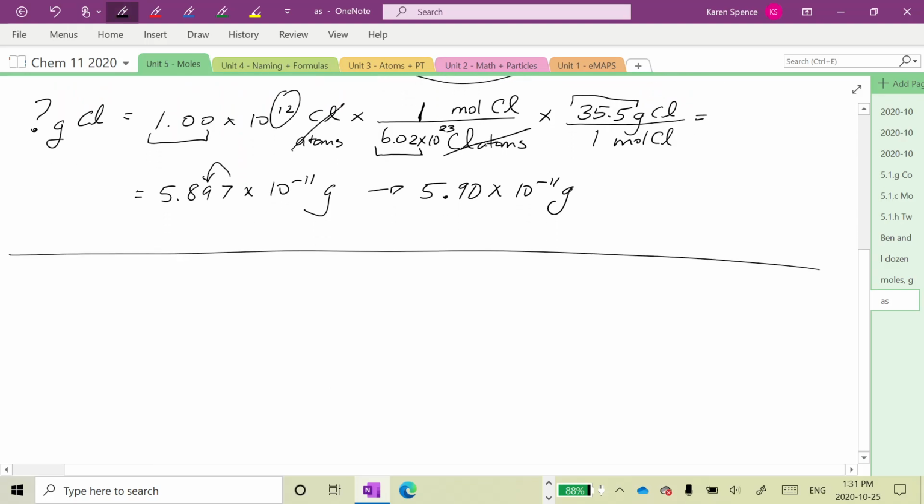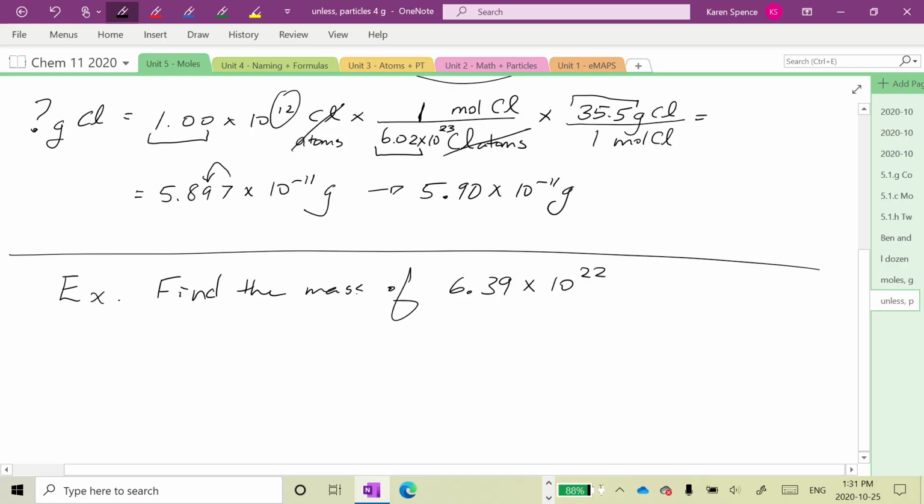All right, let us find the mass then. Find the mass of 6.39 times 10 to the 22 molecules of chlorine gas.